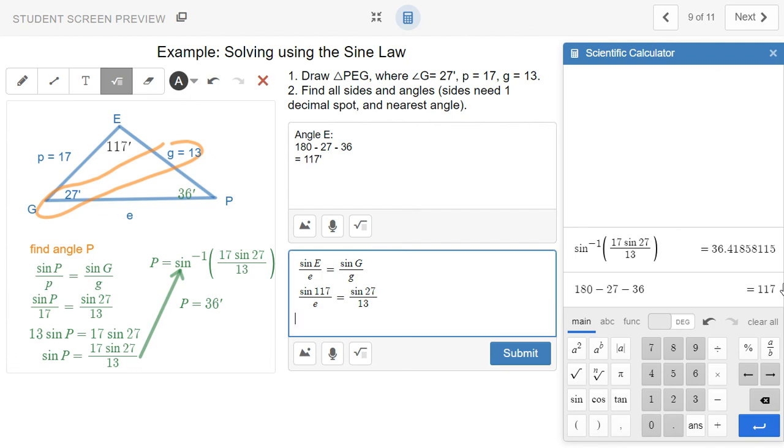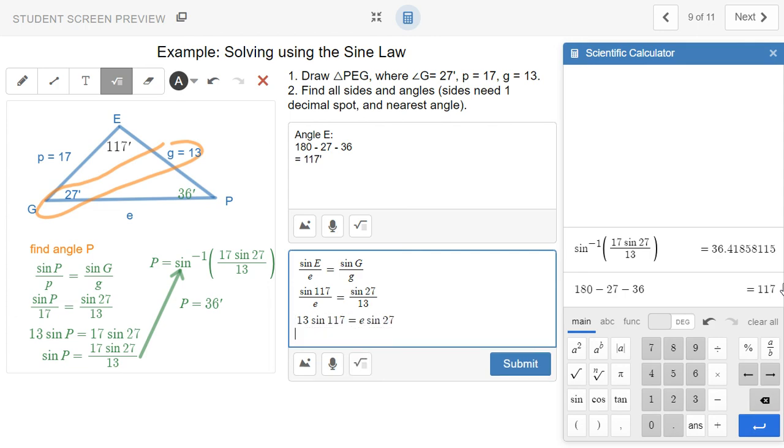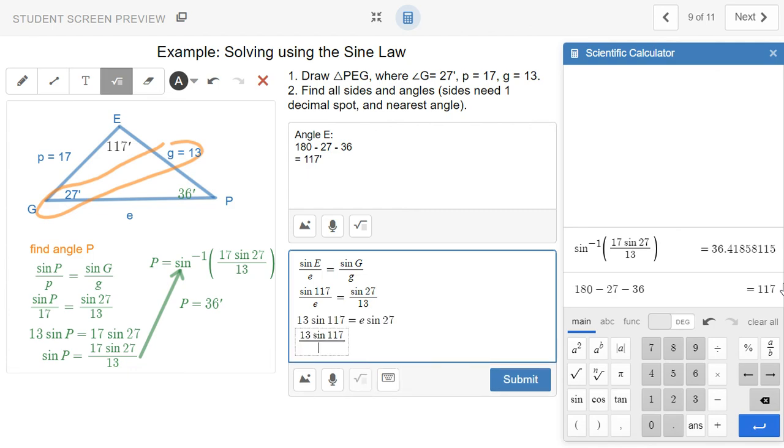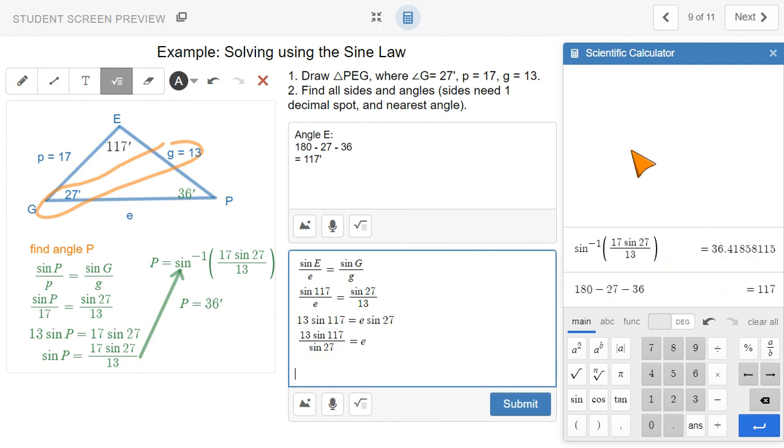Let's cross multiply. 13 sine 117 is equal to E sine 27. Let's continue to simplify. So we have 13 sine 117 divided by sine 27 is equal to E.